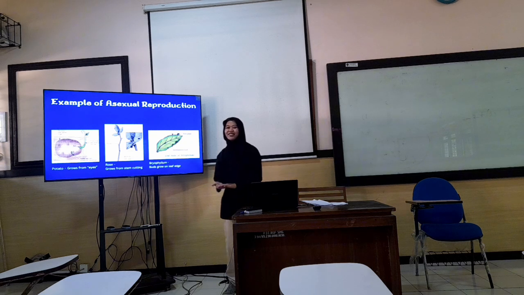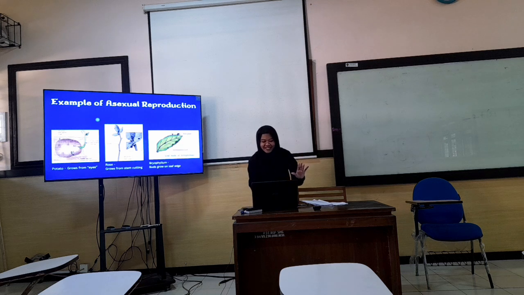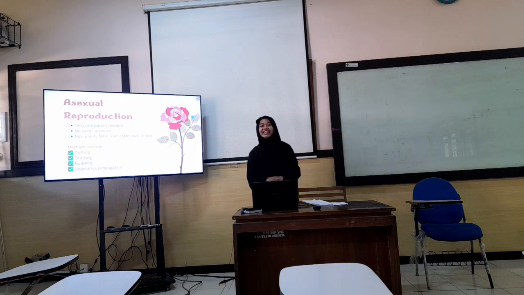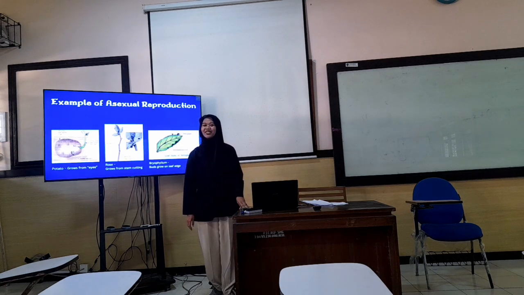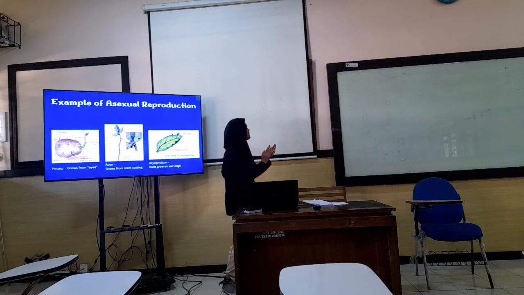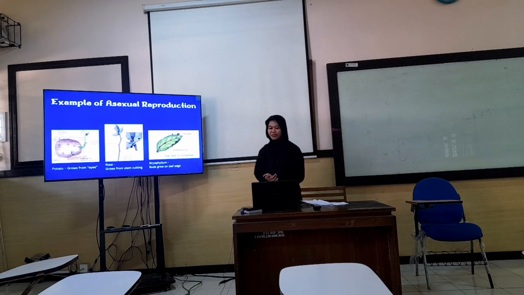Okay, Nadia, what's the answer? Wait. Okay, student C. Okay, Nadia, what's the answer? That's great. Give a plus to Nadia. Give a plus to group 3. 2 points for group 3.